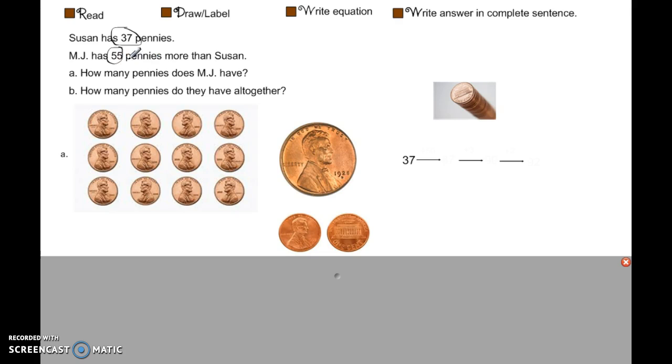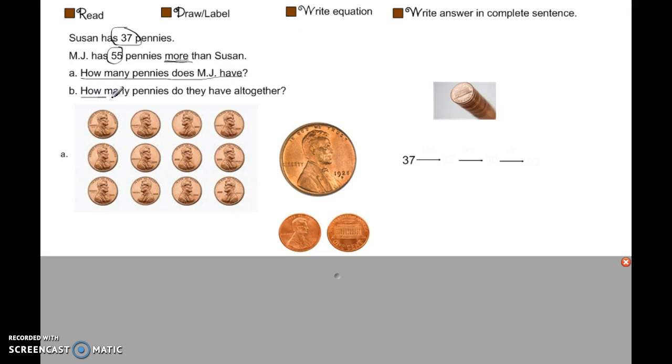And also with the 55 pennies, I think it's important for me to remember that MJ has 55 pennies more than Susan. So let's look at letter A. Letter A wants to know how many pennies does MJ have?